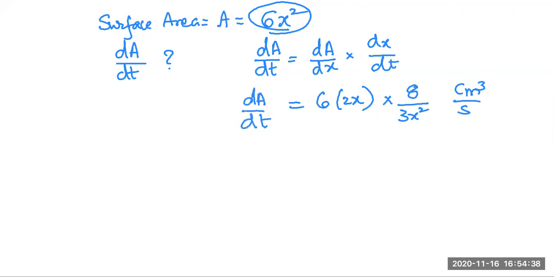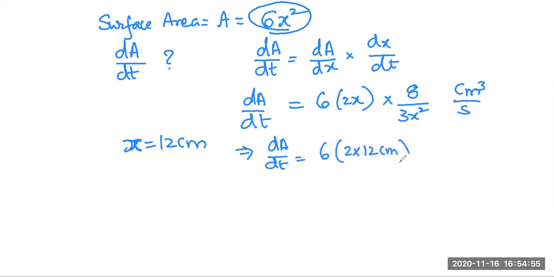But he said when the edge is 12 centimeters, now we need to substitute x equal to 12 centimeters. So dA by dt equals 6 into 2 into 12 centimeters into 8 divided by 3 into 12 centimeters into 12 centimeters, multiplied by centimeter cube per second.